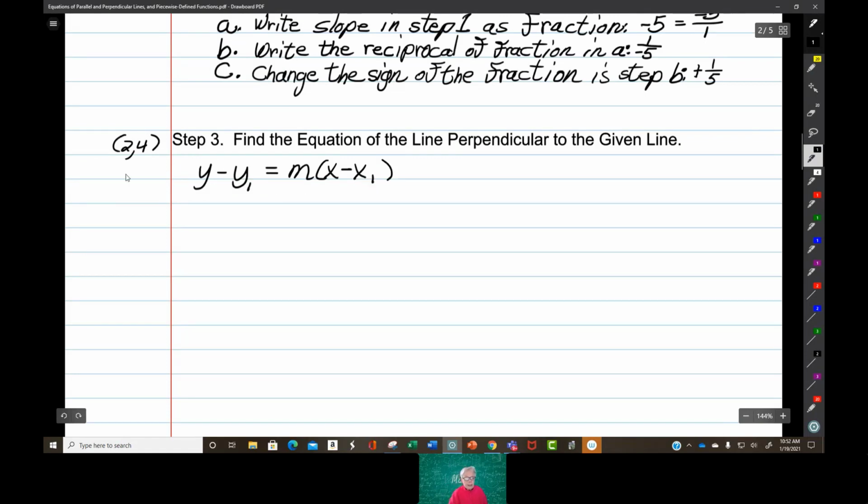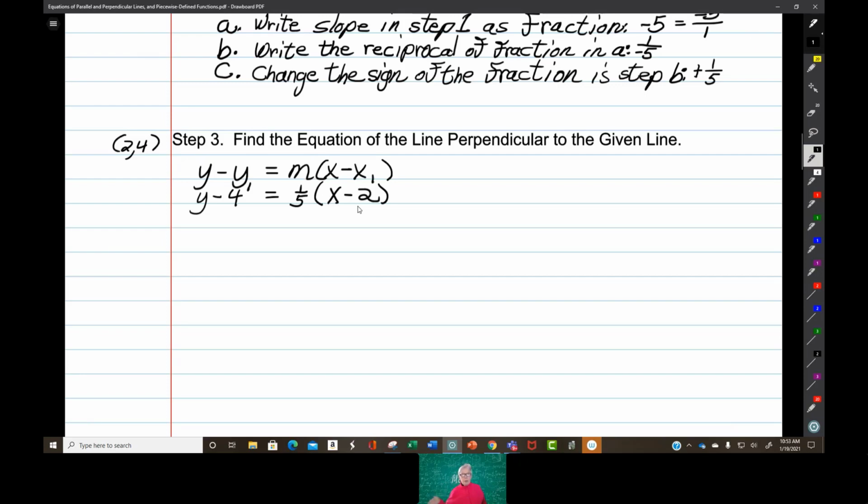And I can write the whole thing. Y minus 4 equals 1/5 times x minus 2.